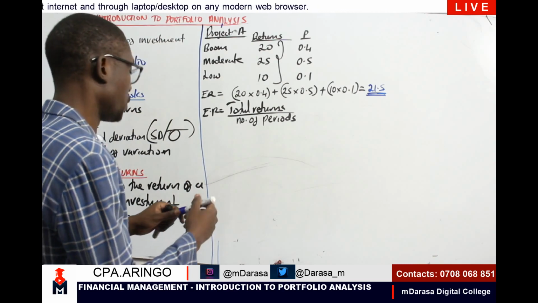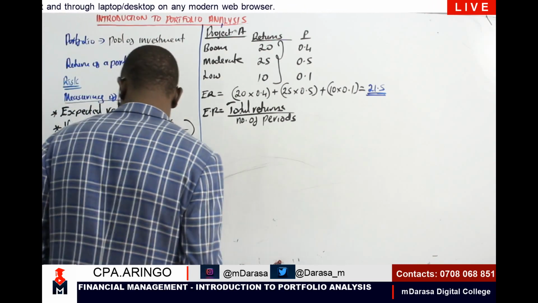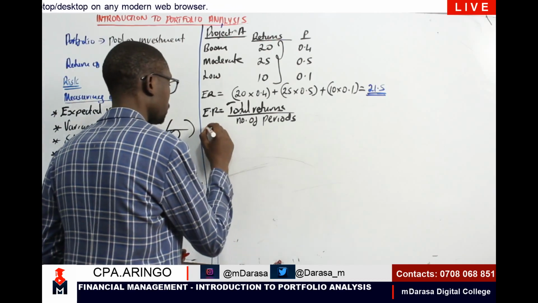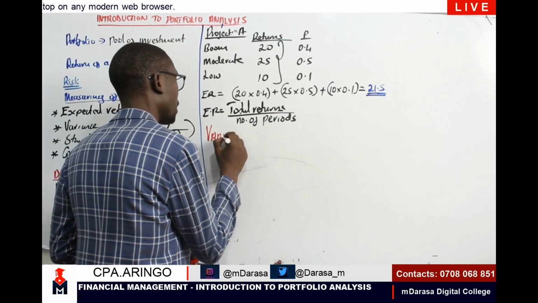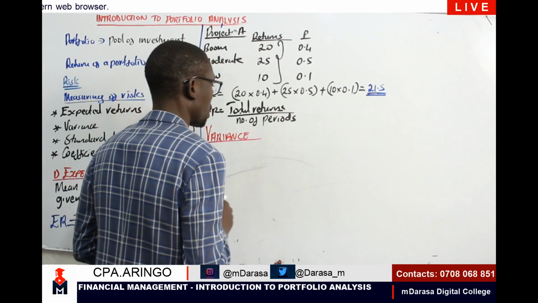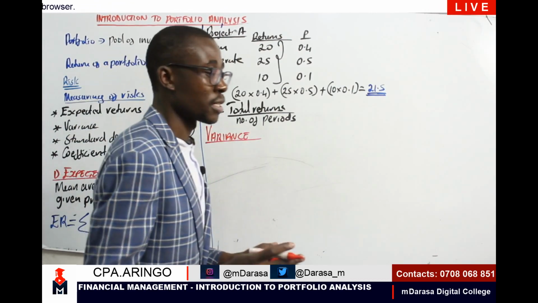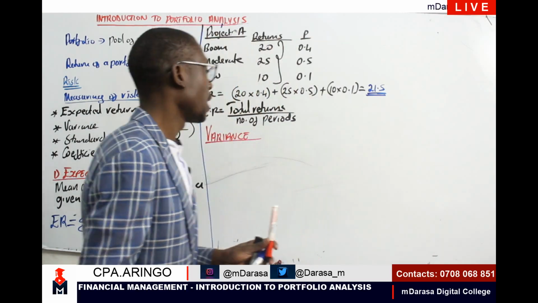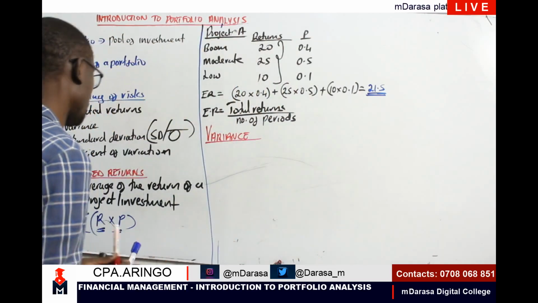After that, that should take us to number 2, variance. Ideally, variance measures the percentage difference or change between our actual and expected returns.